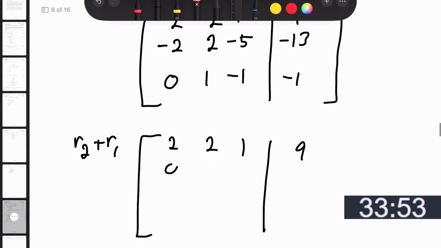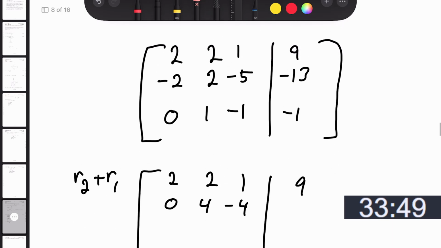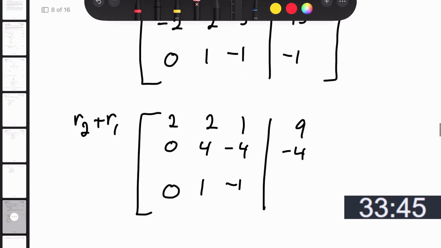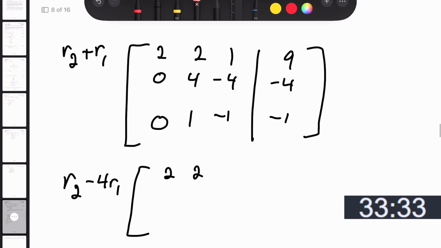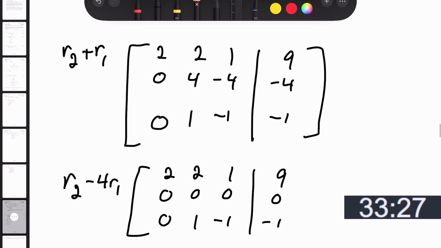Here it's going to be 0, 4, negative 4, negative 4, 0, 1, negative 1, negative 1. And then let's do row 2 minus 4 row 3, and then that'll give us our 0 row. So 2, 2, 1, 9, and then 0, 0, 0, 0, and 0, 1, negative 1, negative 1.